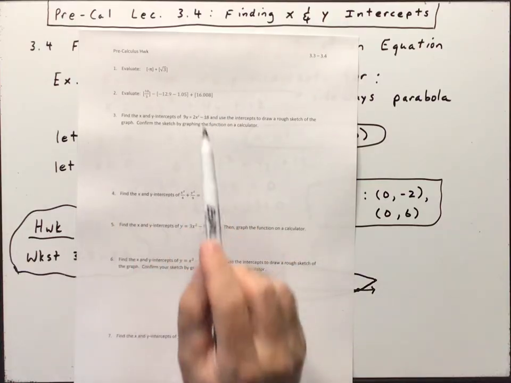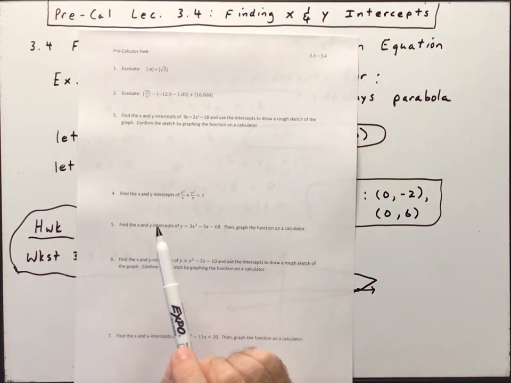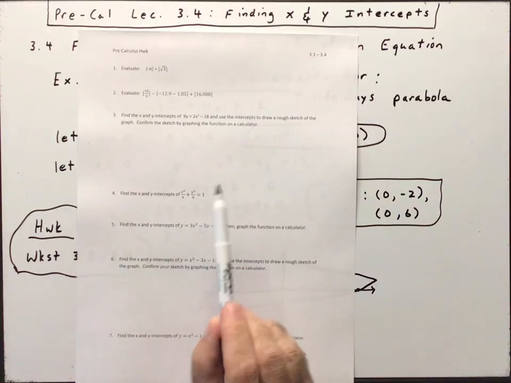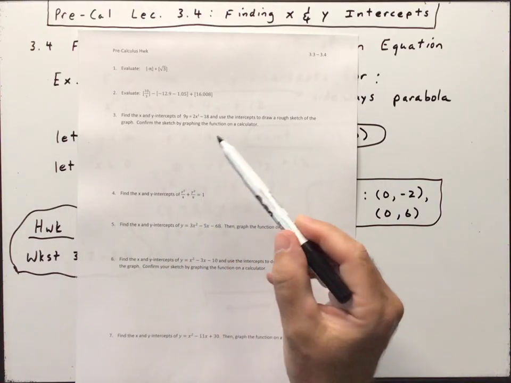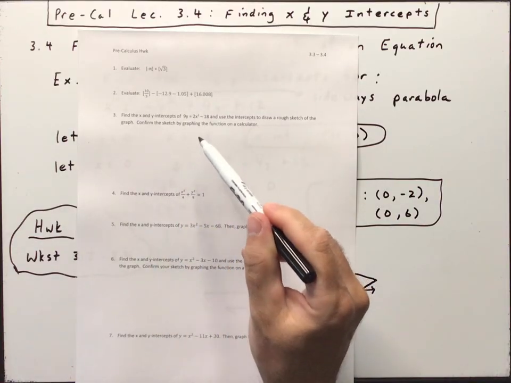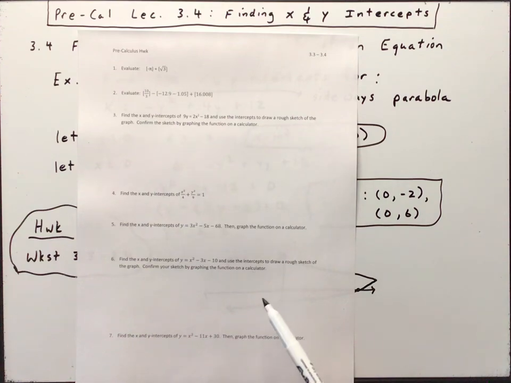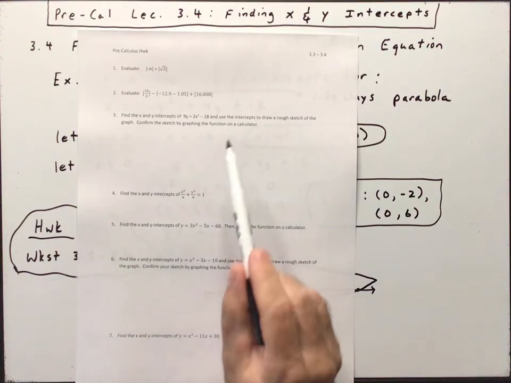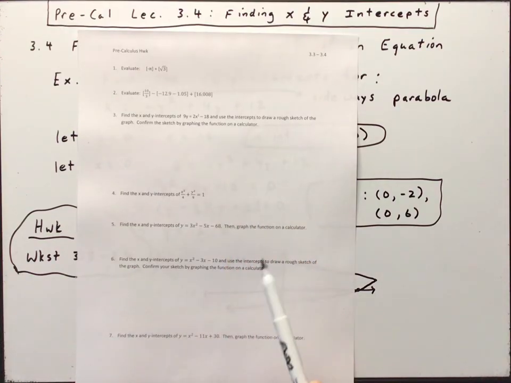So we talked about that in lecture 3.3. I do want you to do a rough sketch on number 3 and number 6. And then I would like you to graph on a calculator number 3, number 6, and number 7.